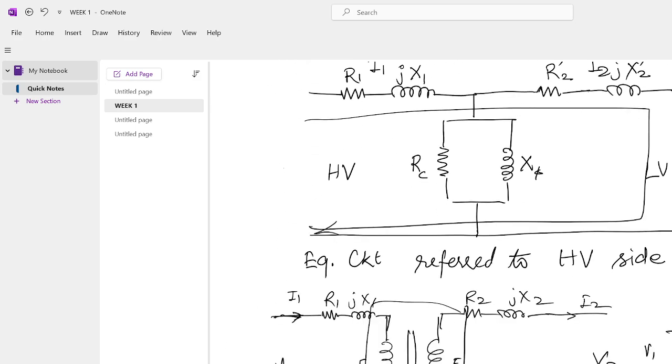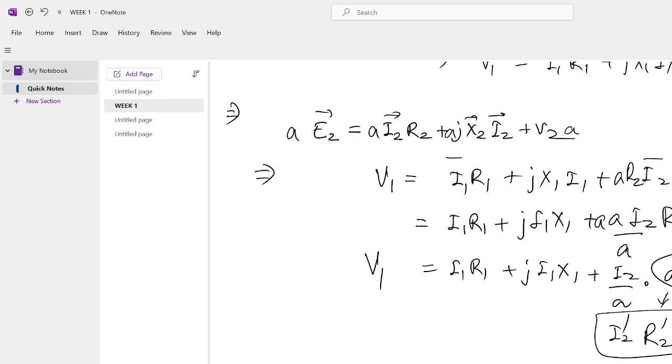Is it clear how I am writing this? Yes sir, it is totally referred to the primary side.